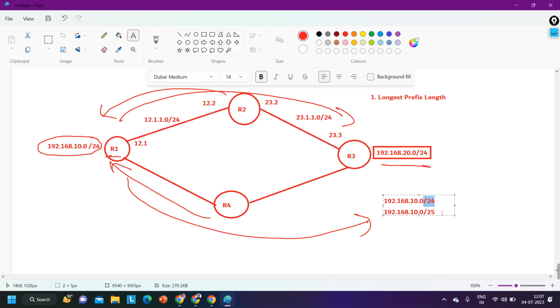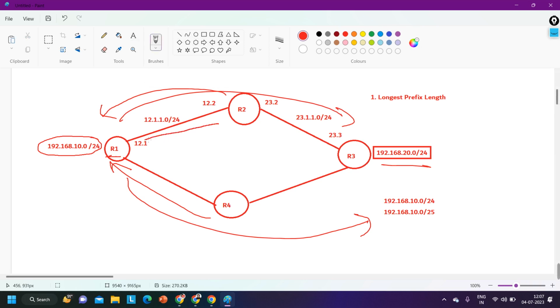Done? But in my scenario, when router 2 advertises 192.168.20.0/24, router 4 will also advertise 192.168.20.0/24.